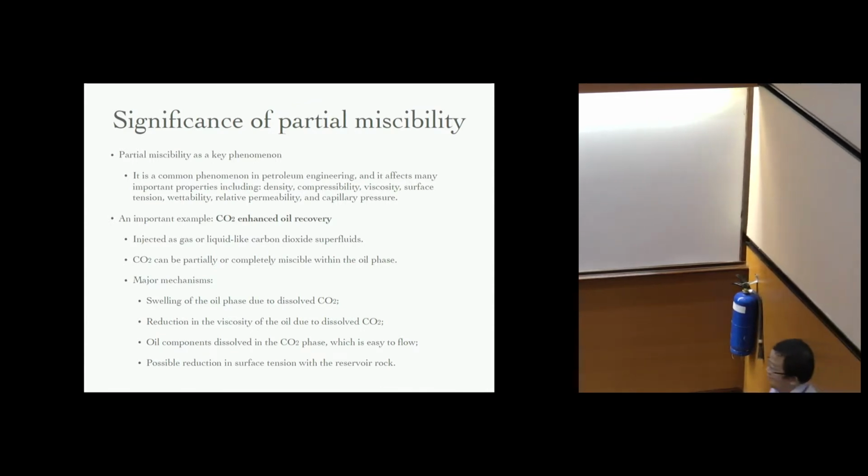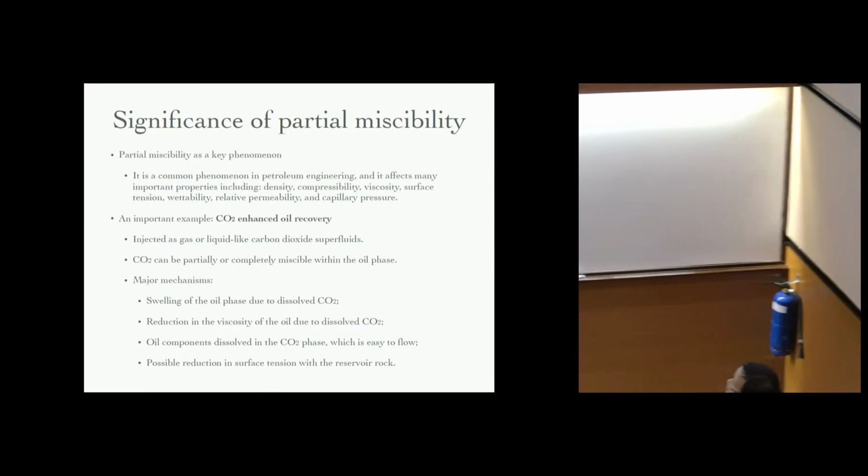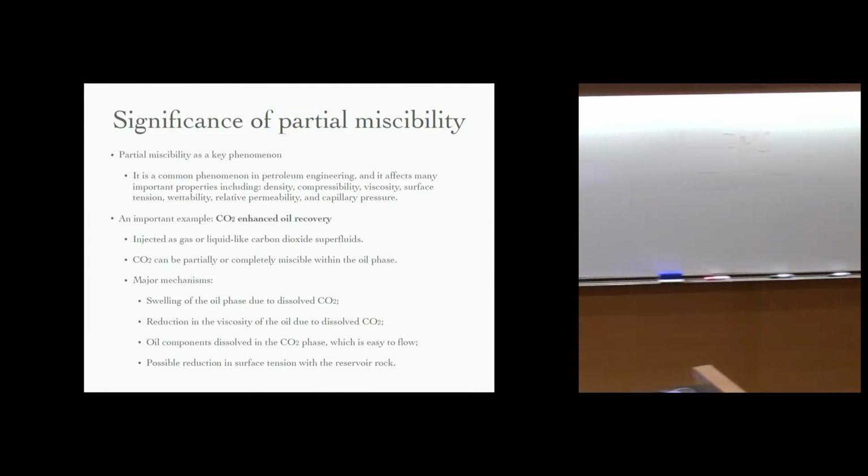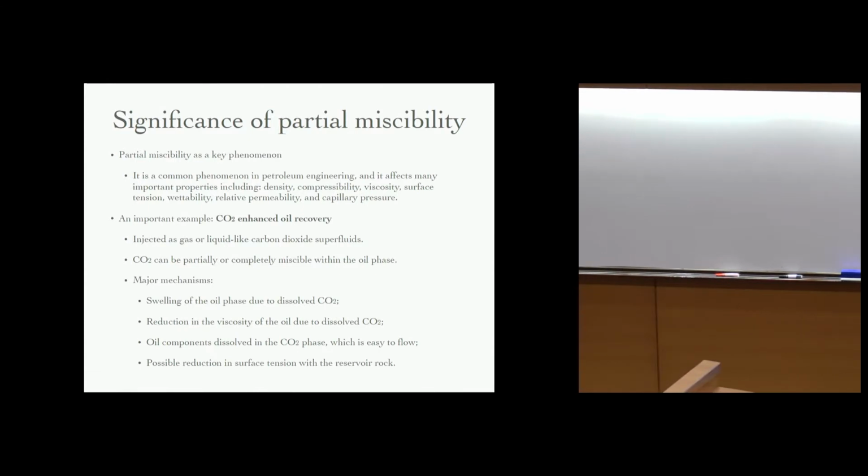One of the benchmark examples people study in oil recovery is CO2 enhanced oil recovery. Normally when you find a new oil field, the first thing you do is drill a well, and you can get oil just because the pressure is high in the reservoir, so oil will automatically flow out. And after a certain year, the pressure goes down, and you have to inject something.